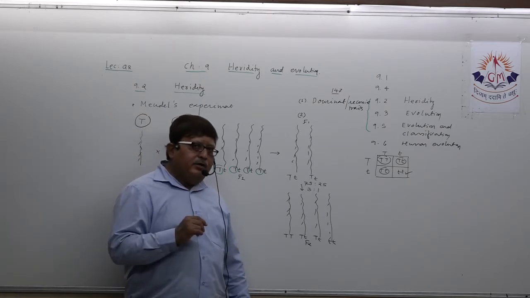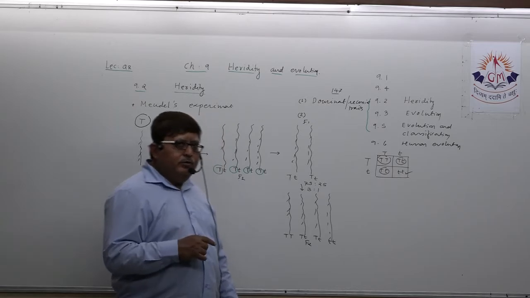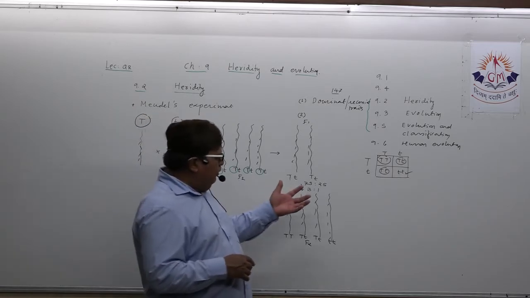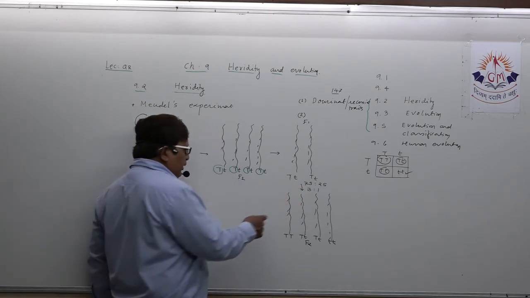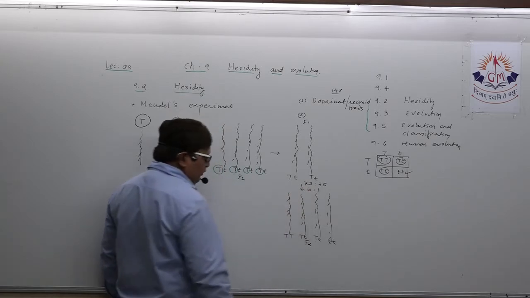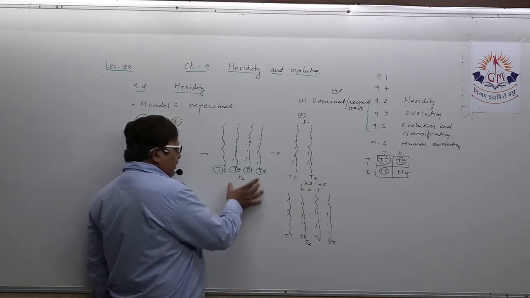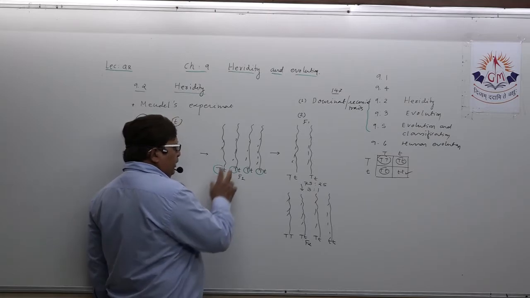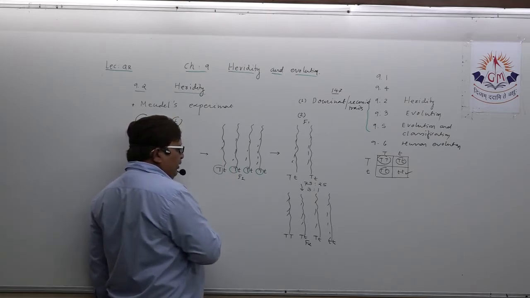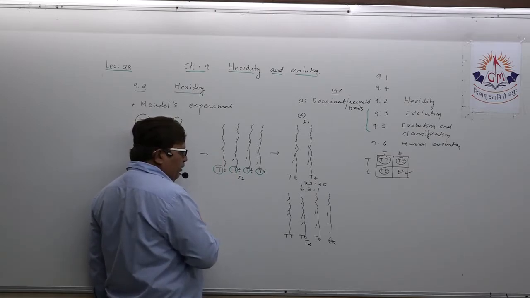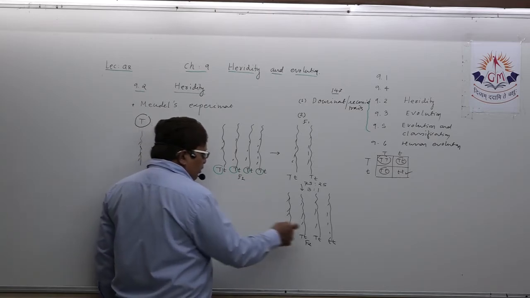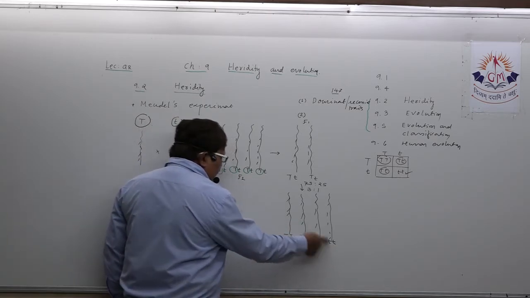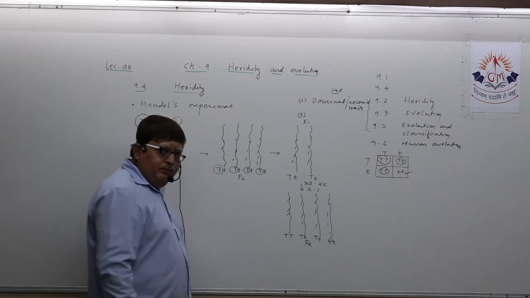At the same time, in the textbook there is one also. See, dear student, here an MCQ can be designed: when Mendel performed an experiment selecting the garden pea, and targeted the traits of tallness and shortness, what is the ratio of dominant trait to recessive trait? 3 is to 1.